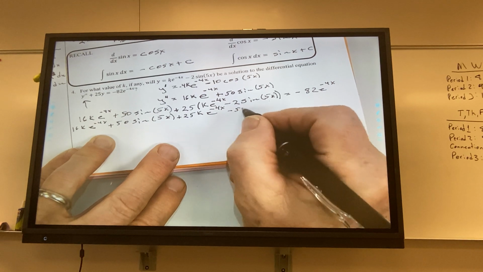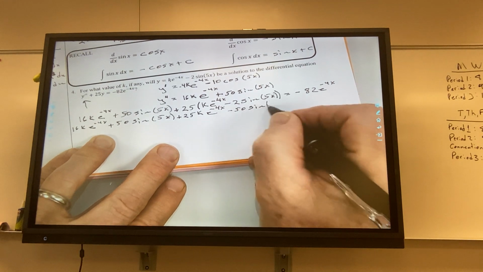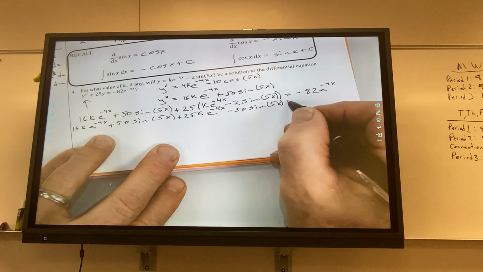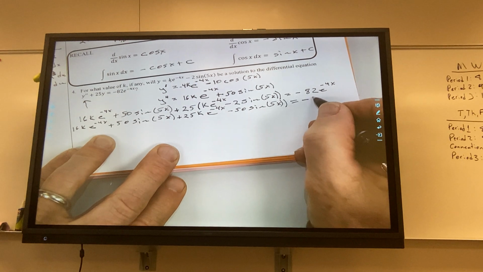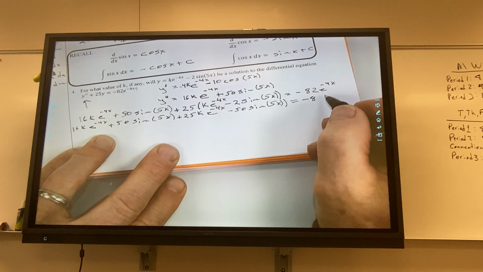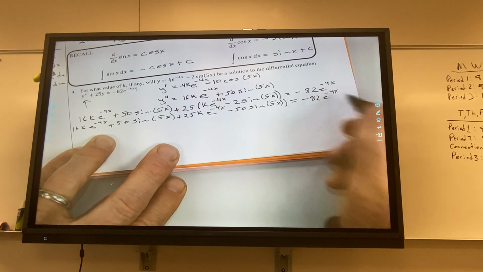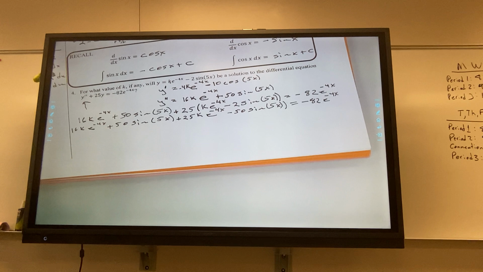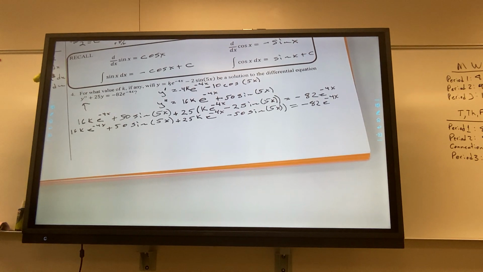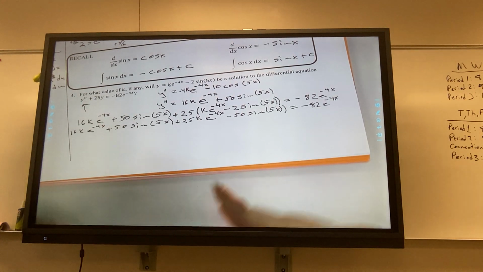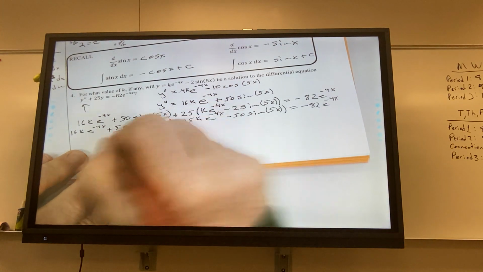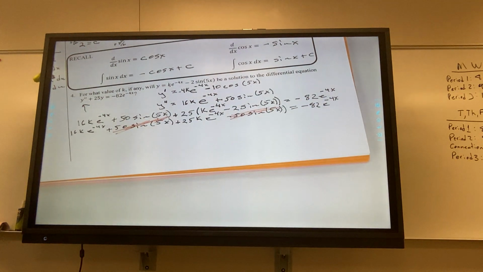Oh, I see it. 50 sine of 5x equals negative 82 e to the negative 4x. You know why I'm happy, Walker? I am so tired of writing all that stuff that I'm really going to be happy going like this. Kabam, kabam, right?